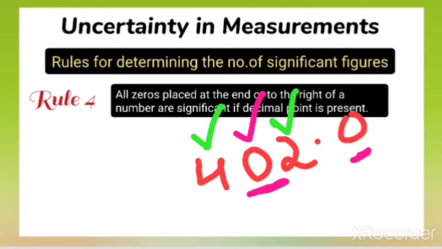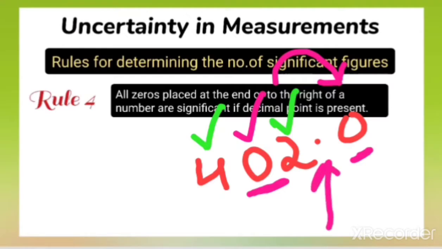Now when you look at this zero, it is on the right side of a non-zero number, that is 2, or we can say that it is at the end or the right of the number, and that is if the decimal point is present.